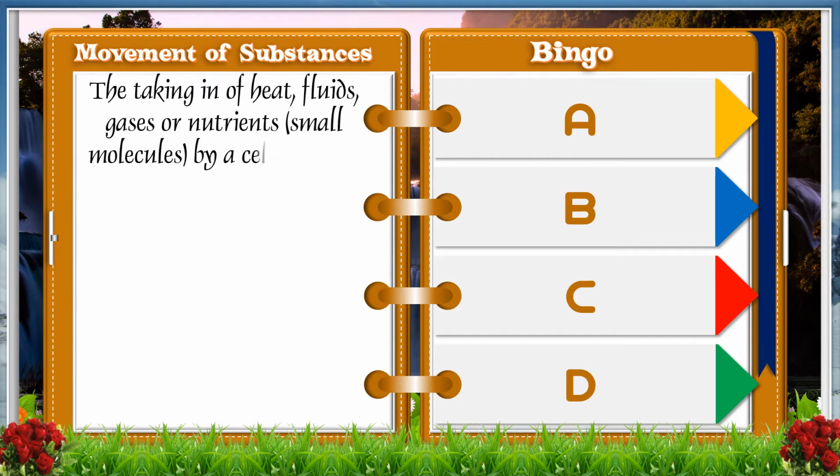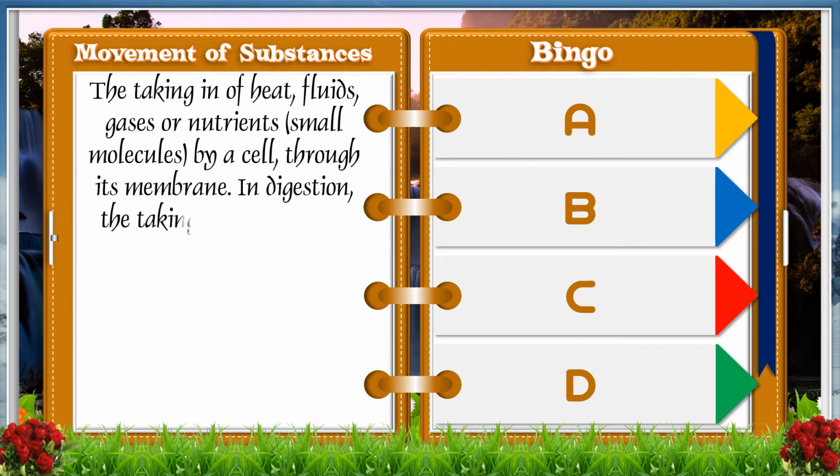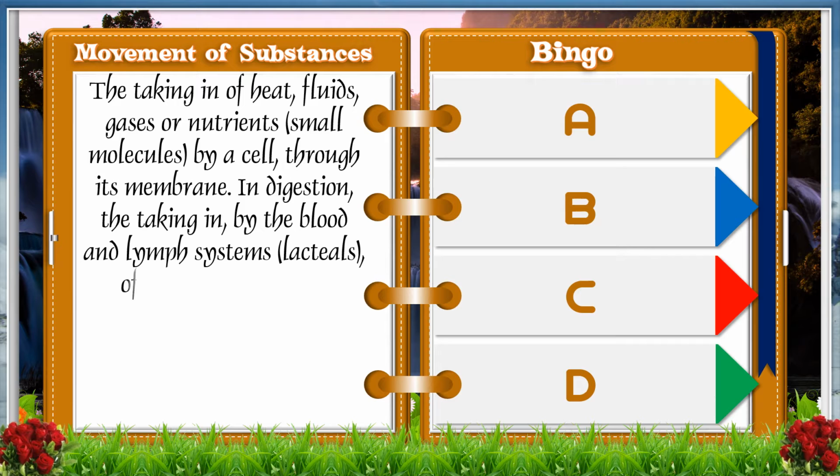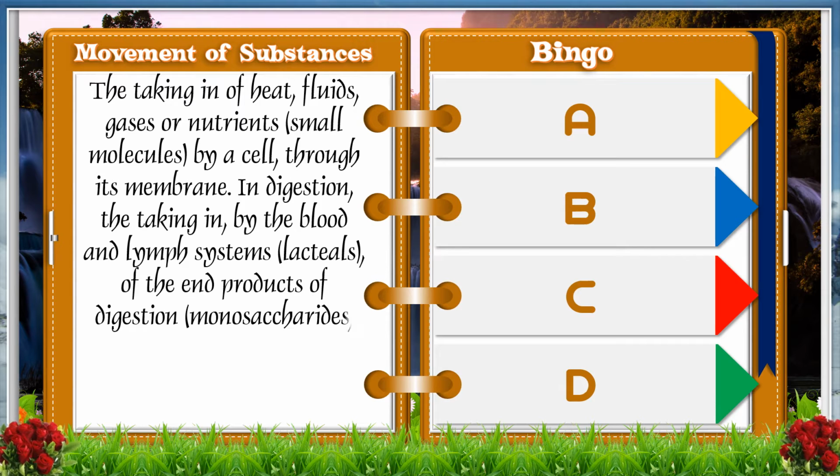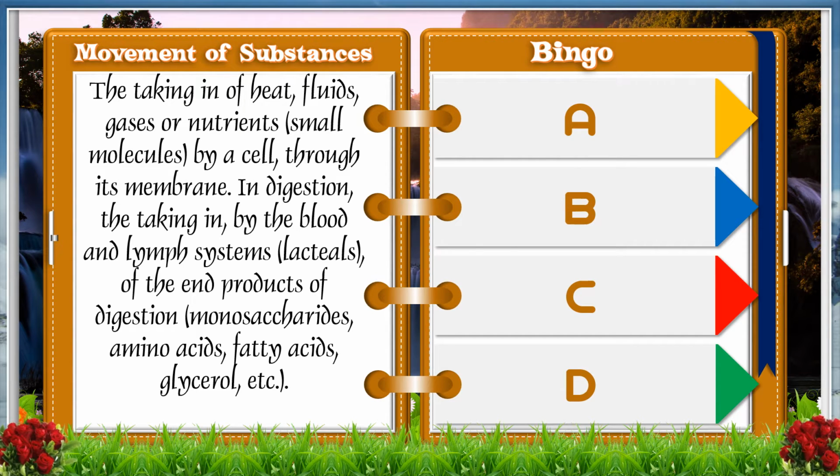The taking in of heat, fluid, gases, and nutrients by a cell through its membrane. In digestion, the taking in by the blood and lymph system of the end products of digestion. Those are monosaccharides, amino acids, fatty acids, and glycerol.